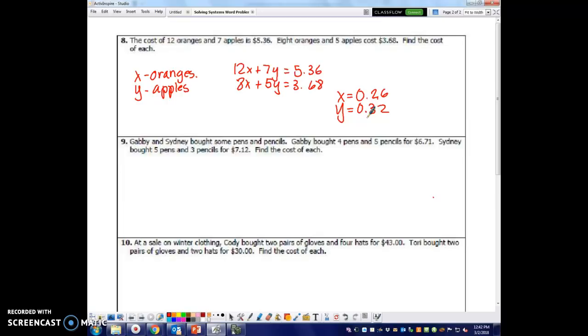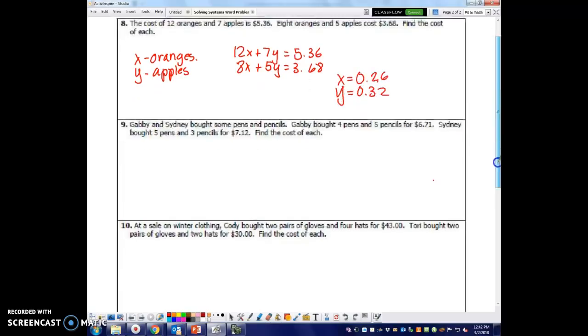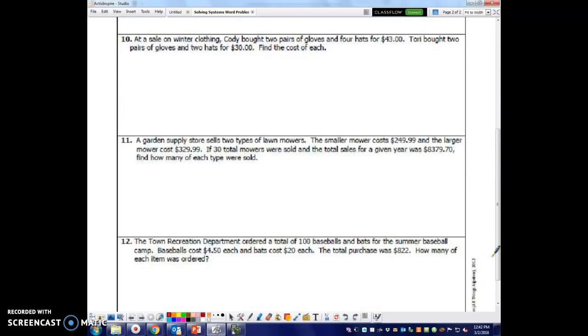All right, let's go down to number 11. This is the last one I'm going to do with you, number 11. Number 11 says a garden supply store sells 2 types of lawn mowers. The smaller mower costs $249.99 and the larger mower costs $329.99. If 30 total mowers were sold and the total sales were $8,379.70, find how many of each type were sold.